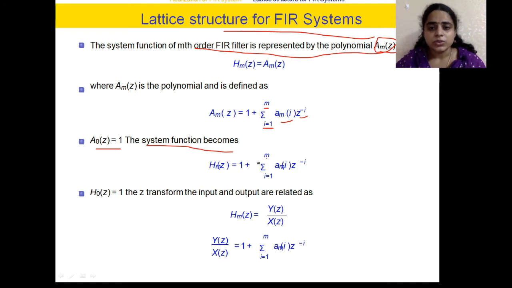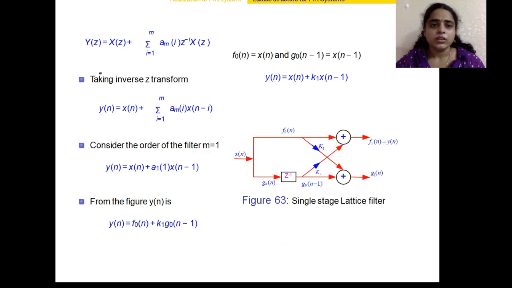So H0(z) is equal to 1. The z-transforms of input and output are related as Y(z)/X(z) = 1 + summation i = 1 to m of Am(i) z^-i. By substituting this and taking the inverse Z transform, we will have an equation in terms of x(n) and y(n).